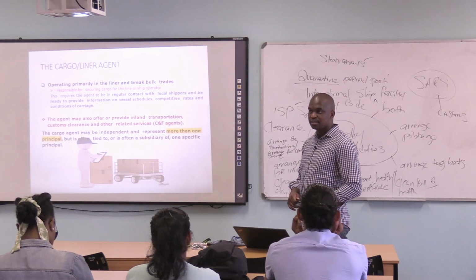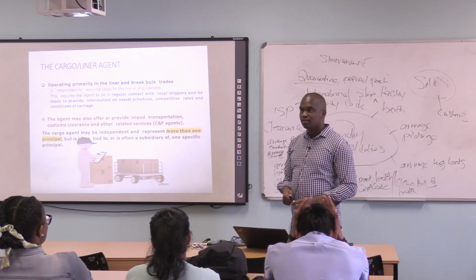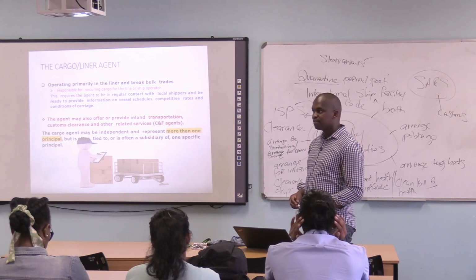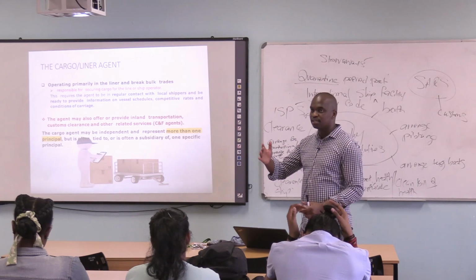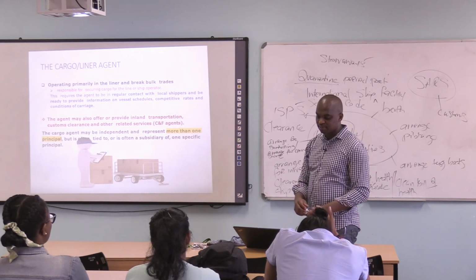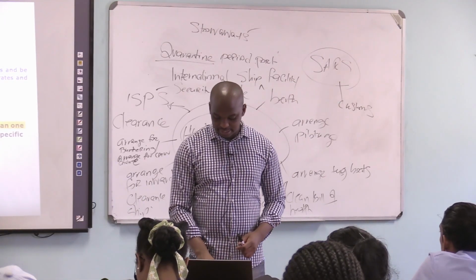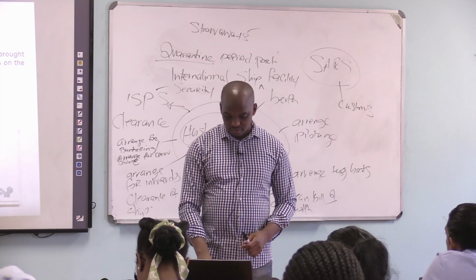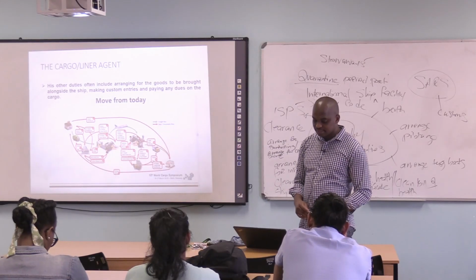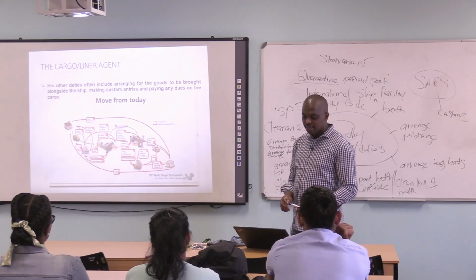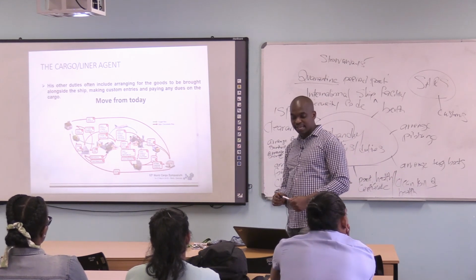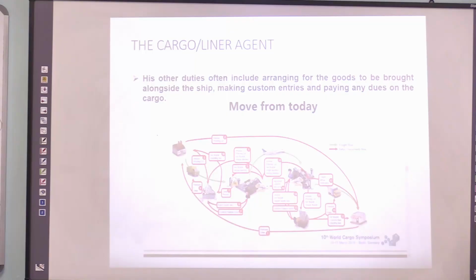They might not represent only one principal, but they might even go as far as representing two or more principals. Okay, so basically cargo agents can also operate like that. So the cargo and liner agent's other duties often include arranging for the goods to be brought alongside the ship, making customs entries, and paying any dues on the cargo. Okay, so I think this is pretty straightforward.